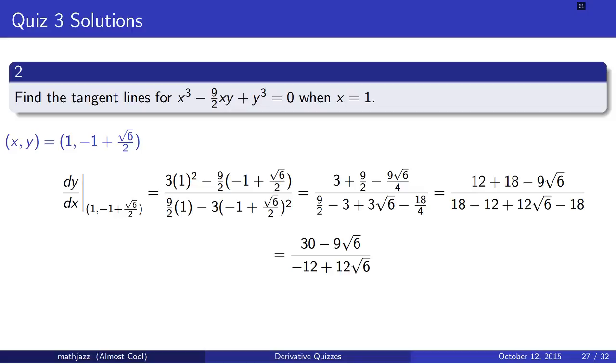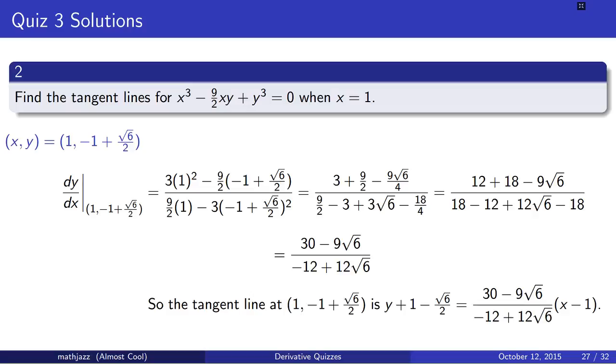And we do that by plugging in our point. This time we're plugging in the point 1, -1 plus the square root of 6 over 2. We get 30 minus 9 times the square root of 6 over -12 plus 12 square root of 6 as our slope. And so we plug that into the point-slope formula.